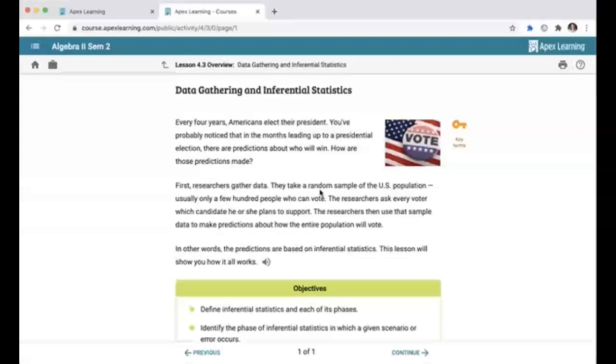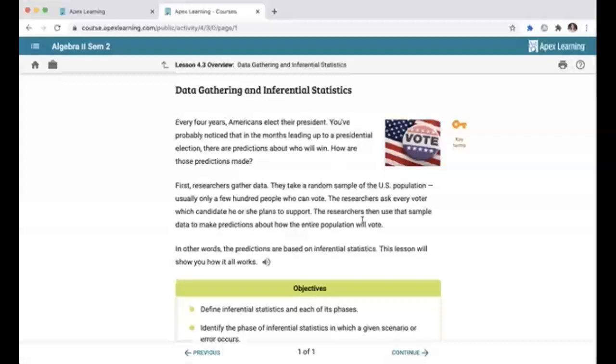They'll take a sample of the U.S. population and say, right now, who are you voting for, this person or this person? That's how they can see who's leading the race. It's not an exact science, which is why you can still have upsets. But again, they take a random sampling, and they ask, rather than asking every single voter, because it would take so long.